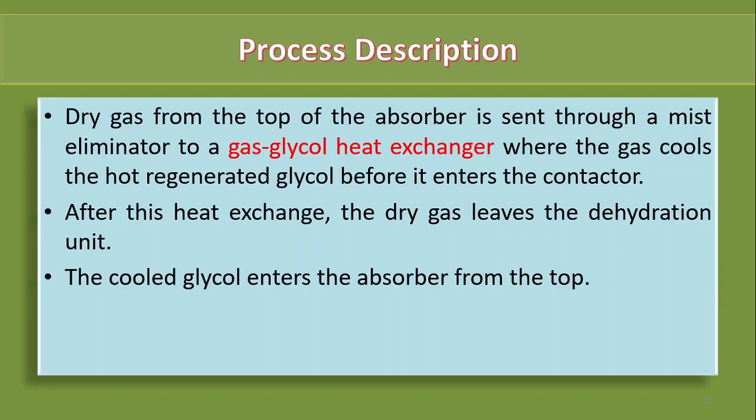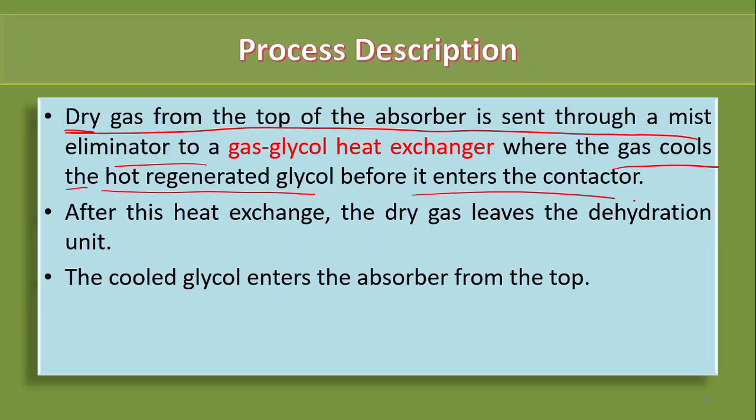The next step is the gas and glycol heat exchangers. The dry gas from the top of the absorber is sent through a mist eliminator to a gas glycol heat exchanger, where the gas cools down against the hot regenerated glycol before it enters the contactor.